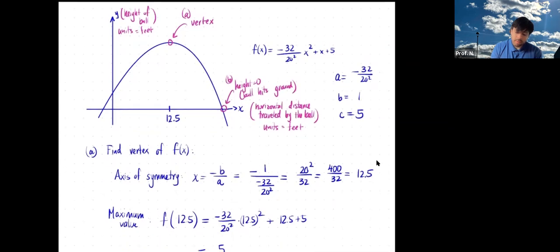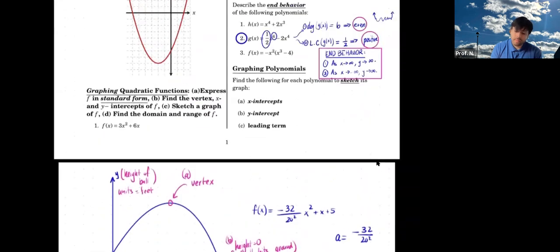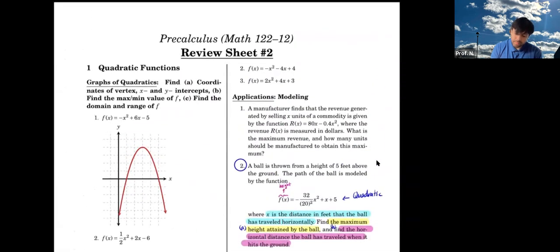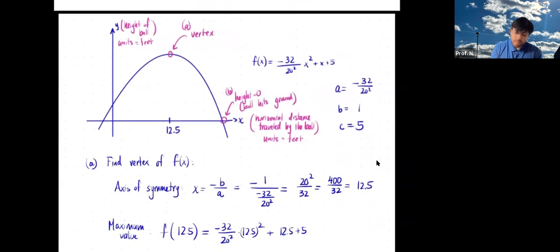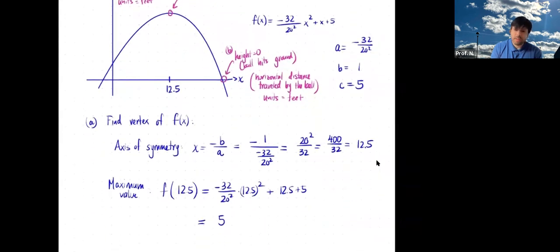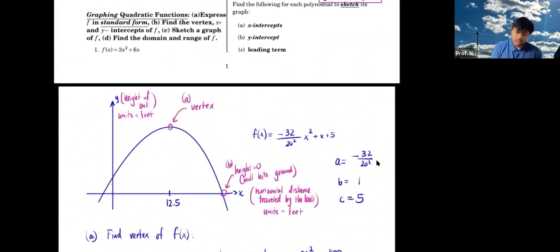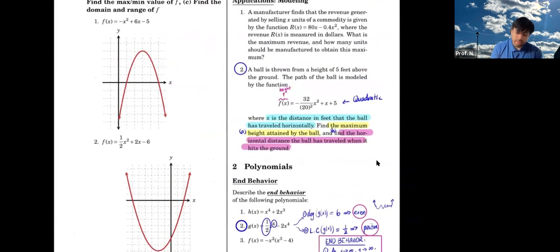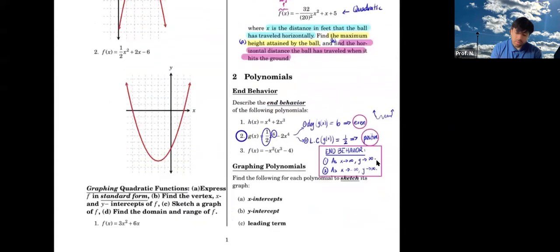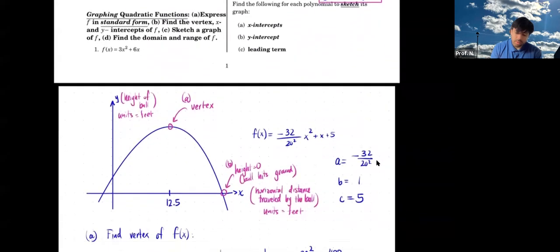So that's a problem. It can't be 5 because it starts out at 5. So that's kind of peculiar.